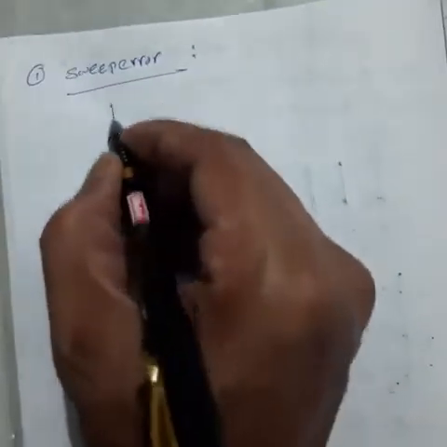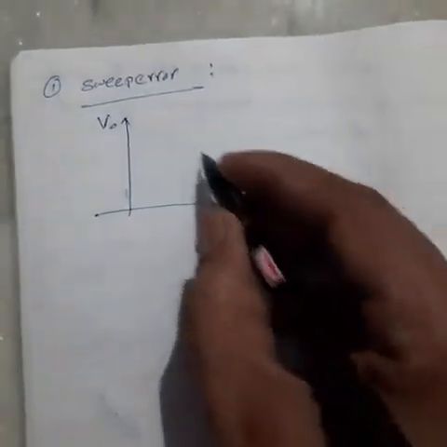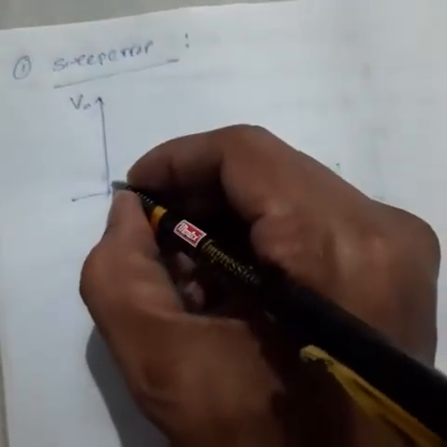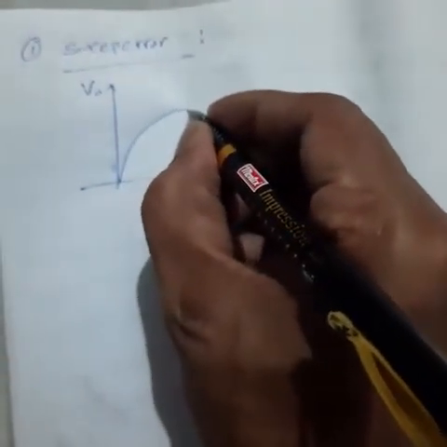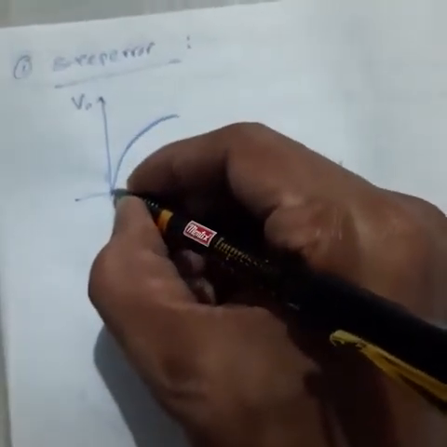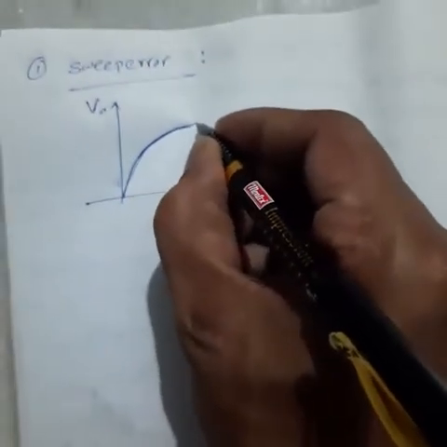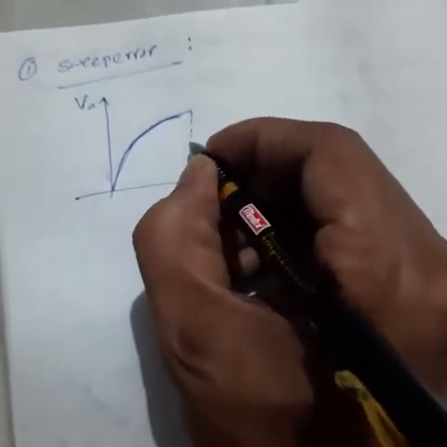First one, sweep error. Output voltage versus time t. The signal waveform will be like this, somewhat exponential, not perfectly linear.